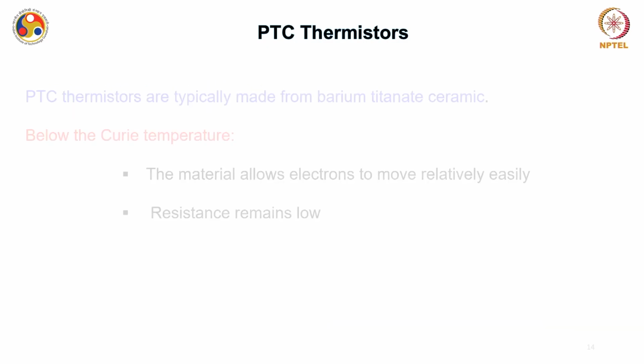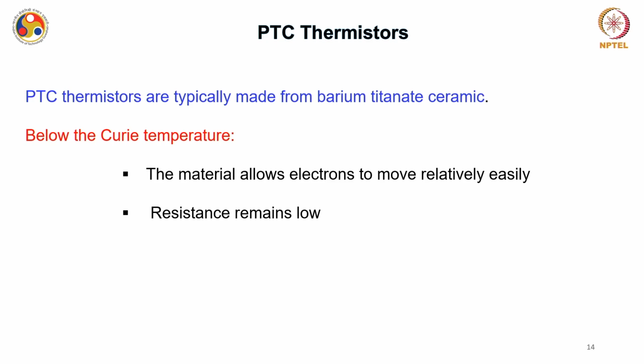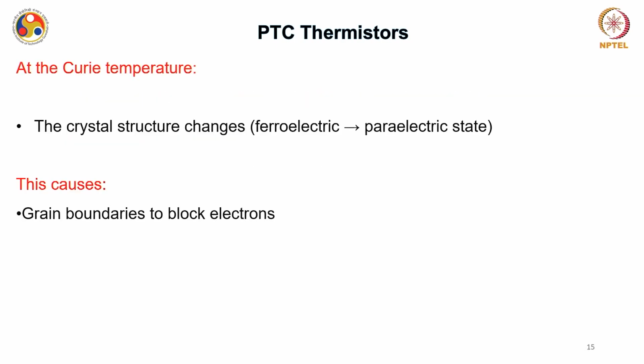Okay. So, PTC thermistors are typically made up of barium titanate ceramics, and below the Curie temperature the material allows electrons to move relatively easier and the resistance remains low, while at Curie temperature the crystal structure changes from ferroelectric to paraelectric state, which causes the grain boundaries to block electrons.